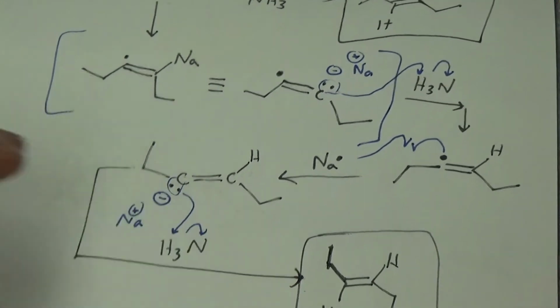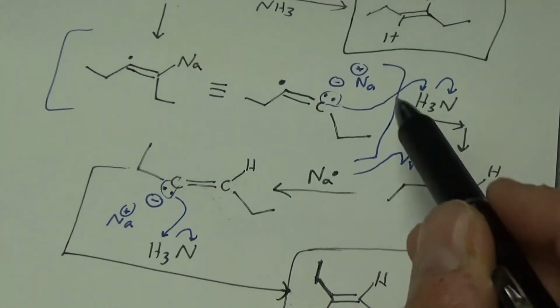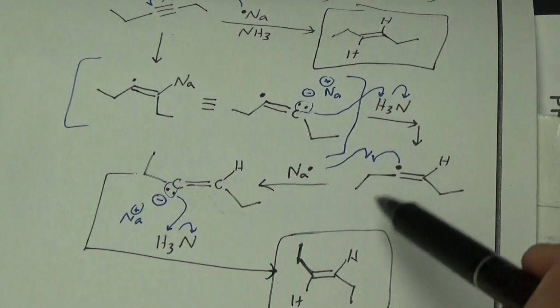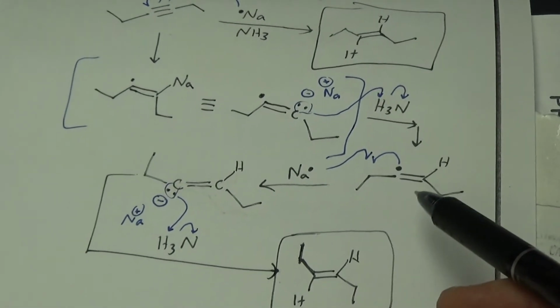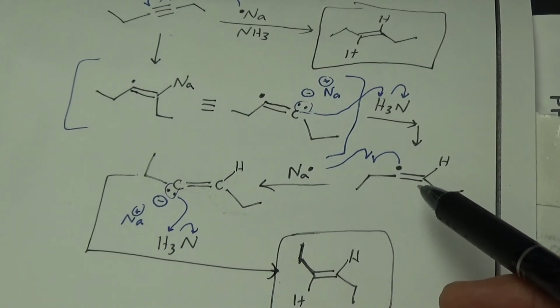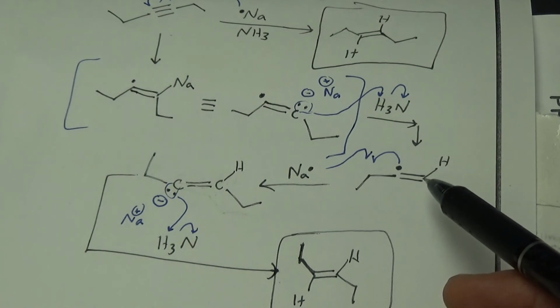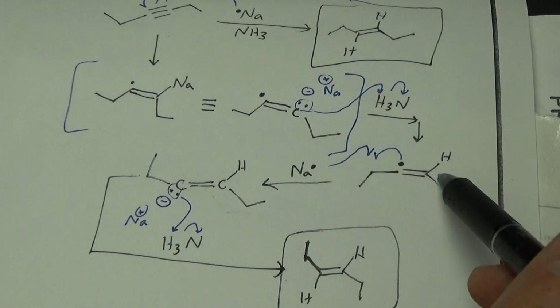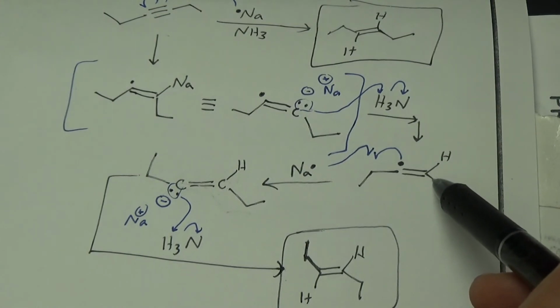We have our trans-alkene. I just drew the ethyl groups a little bit differently, but it's the same product. These are the same molecule, and we're done. That's how you get this trans-selective reduction with sodium and ammonia, which is cool.